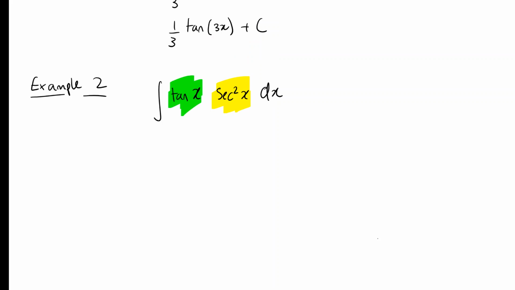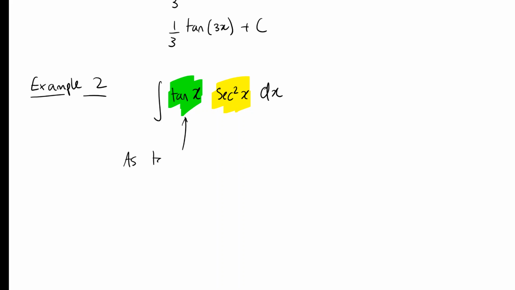If that's the case, this goes back to one of the earlier methods, and this bit that differentiates to make the other part should be our value of u.